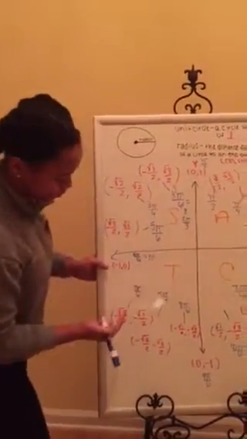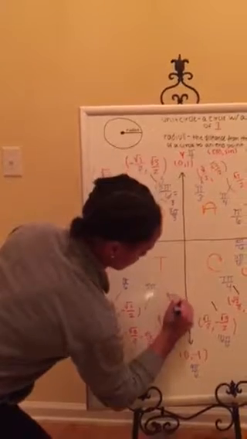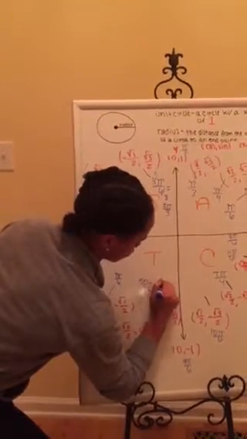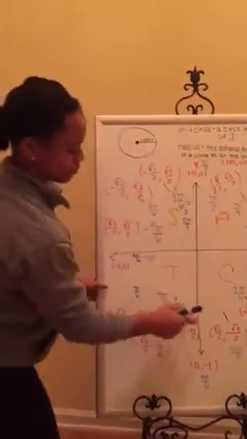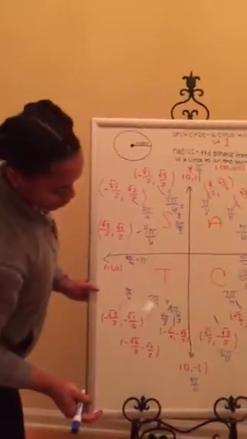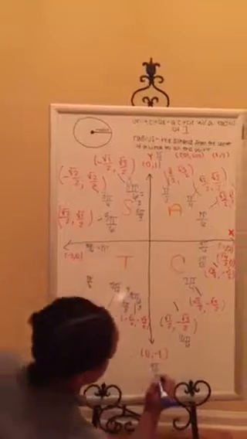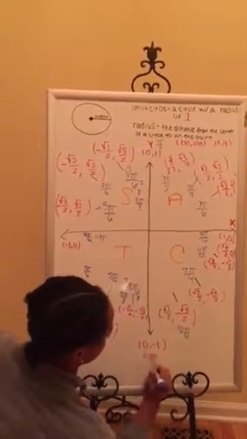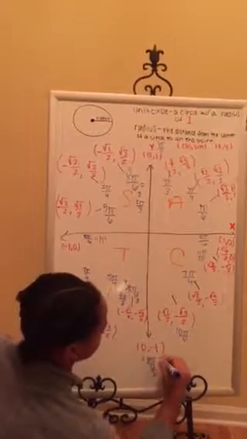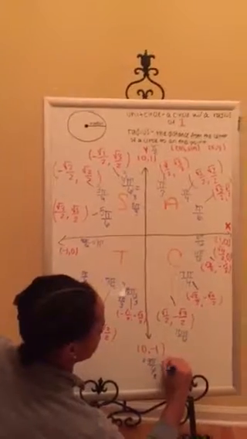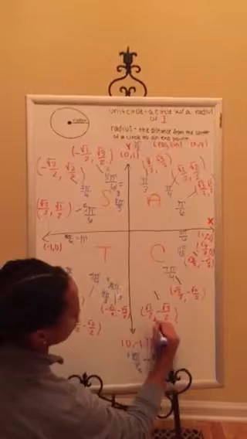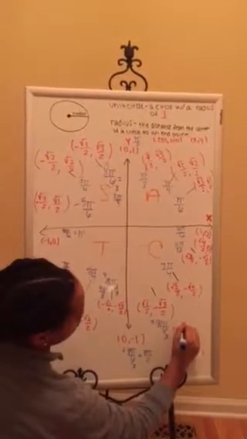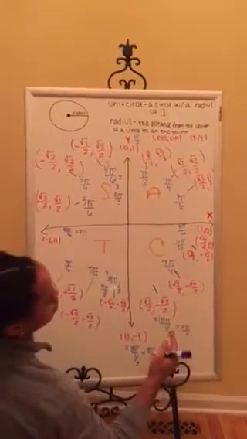Then we have 8 pi over 6 reduces down to 4 pi over 3. And then we have 9 pi over 6 reduces down to 3 pi over 2. 10 pi over 6 reduces down to 5 pi over 3.